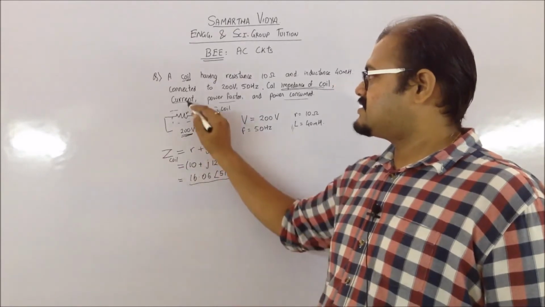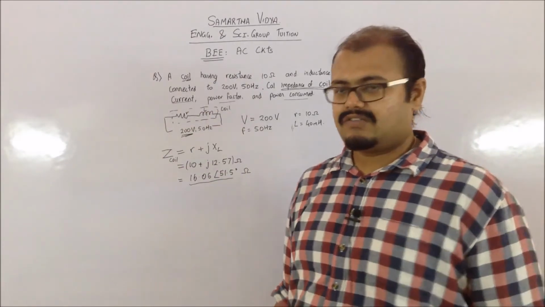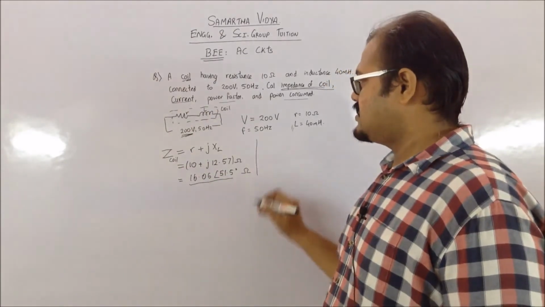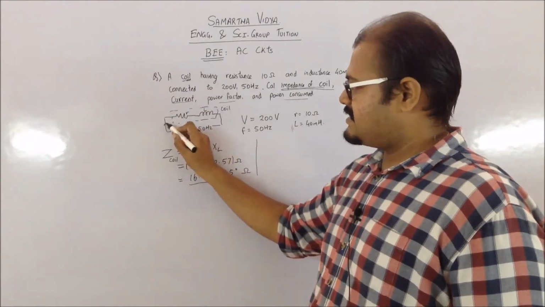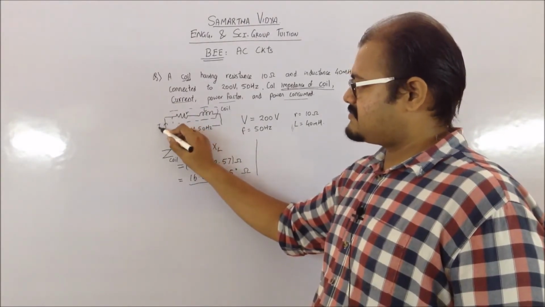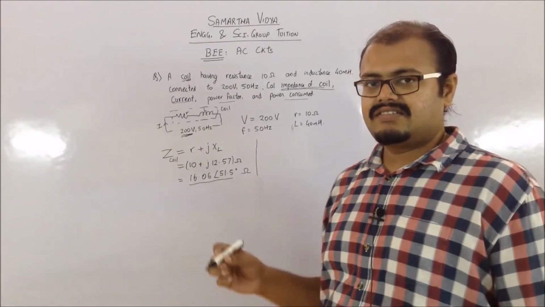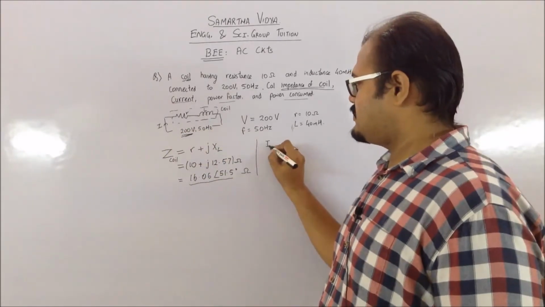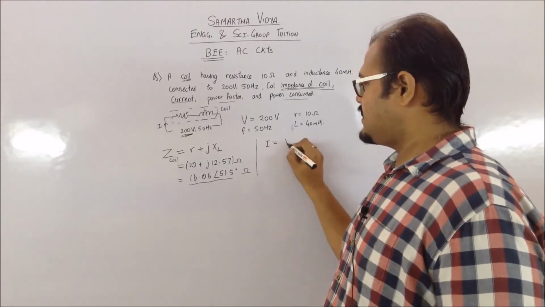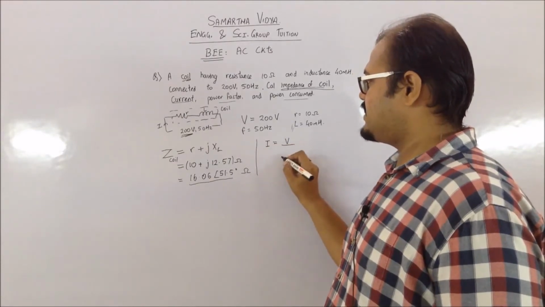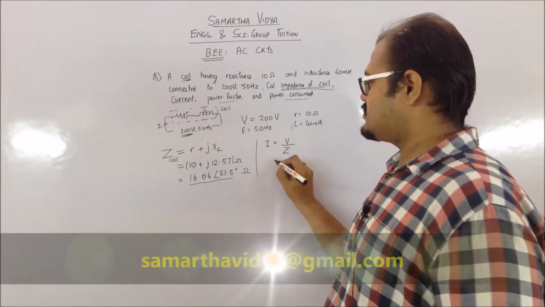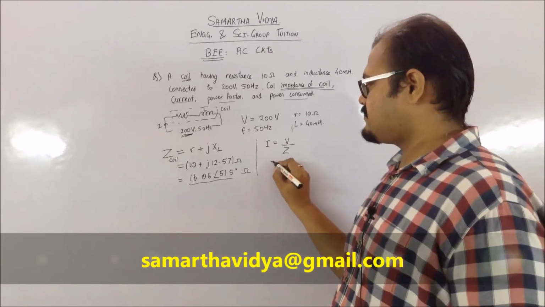Now the next part is you have to calculate the current of this particular circuit. You can see that the current in this case is going to be flowing throughout this circuit. So your current will be given by the voltage applied divided by the total resistance, or the impedance in this case.